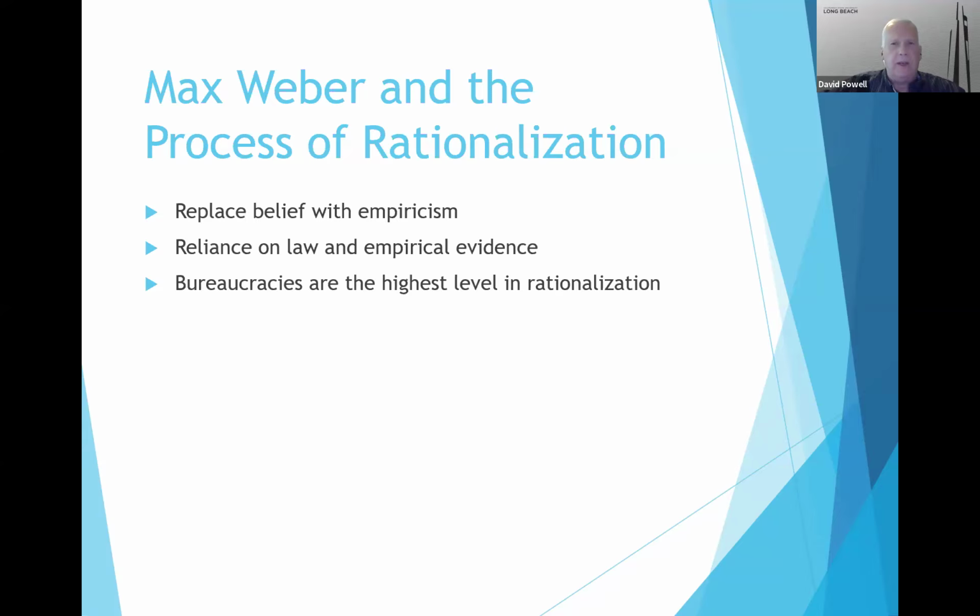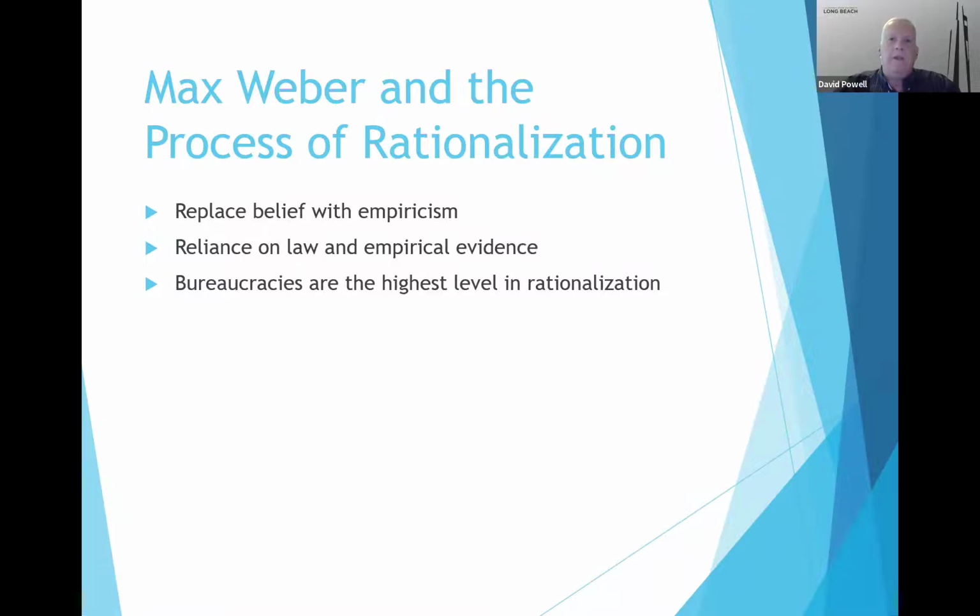So Max Weber lived from the 1860s. I believe he passed away in 1920. A lot of his writing was being done in the late 1800s. If you think about that period, you're a few decades removed from the end of the late period of Enlightenment. You're probably familiar with the Enlightenment era, which runs from the mid 17th century up to 1815, 1820.